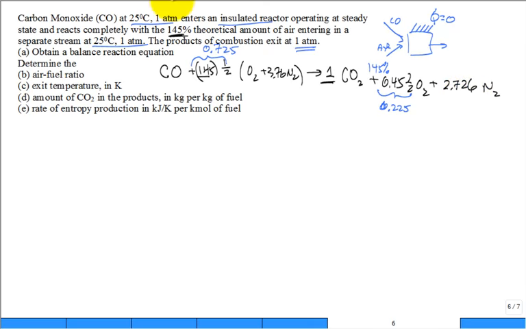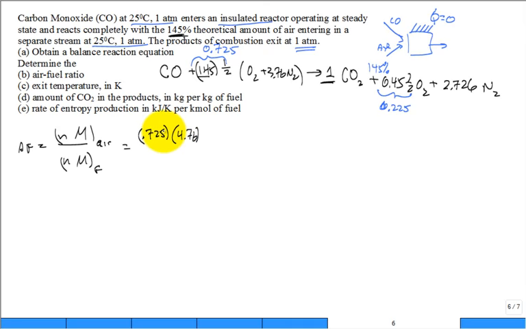So the air to fuel ratio is the mass of air, which is the number of moles of air times the molar mass of air, divided by the number of moles of fuel times the molar mass of the fuel. So we find out that we have 0.725 times 4.76.